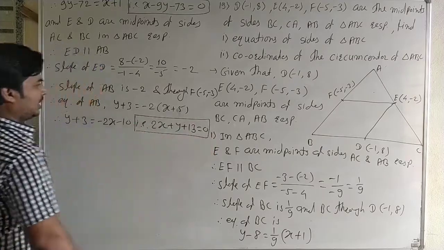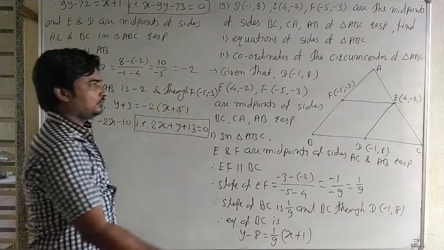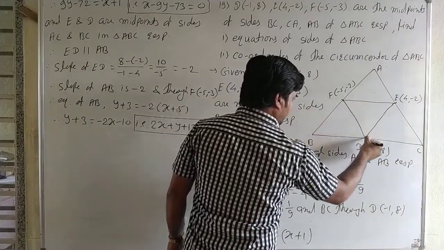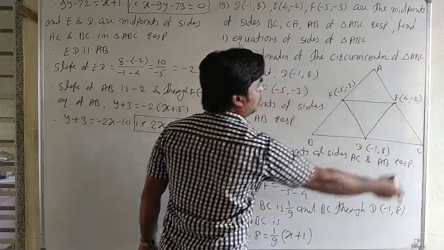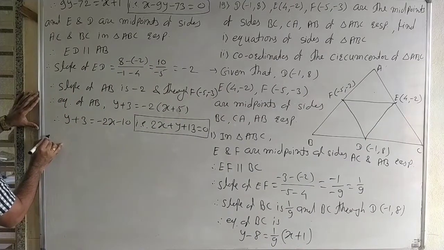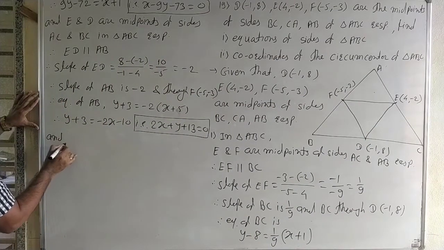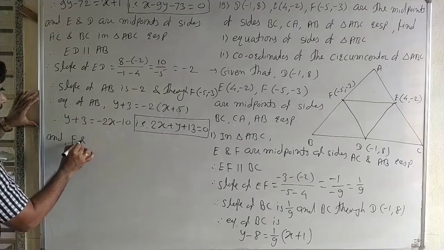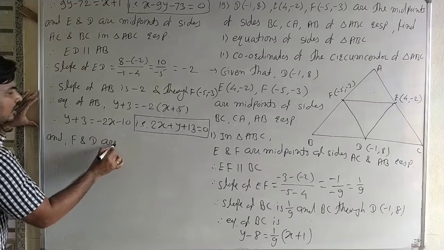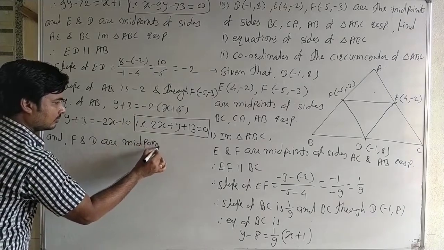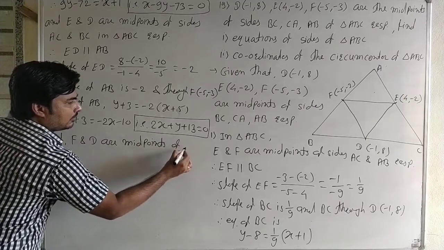See carefully. Now last, it is FD. FD is parallel to AC. F and D are midpoints of sides.